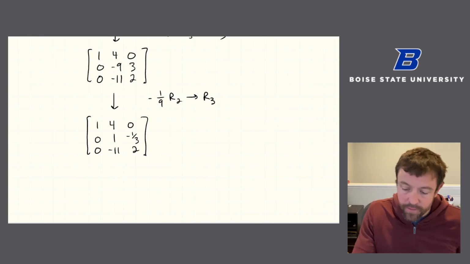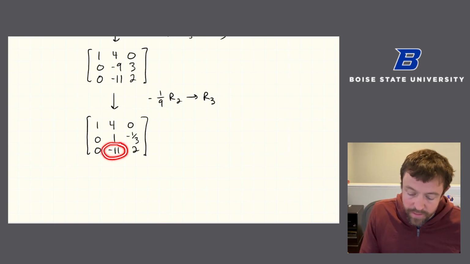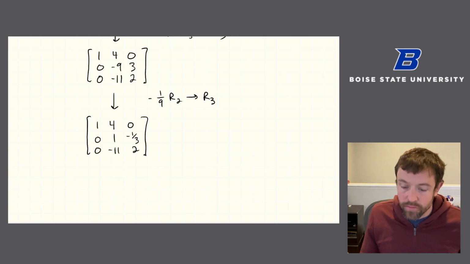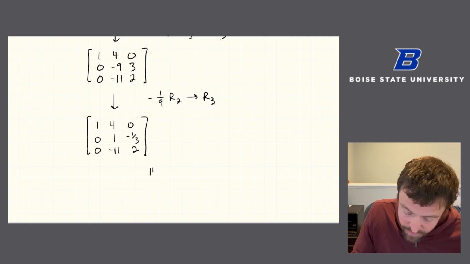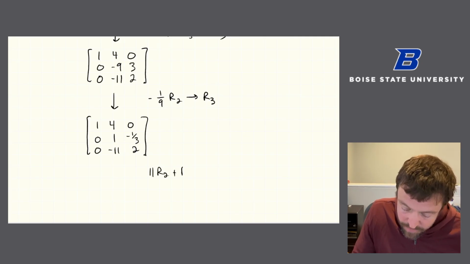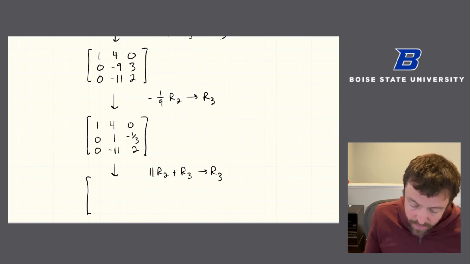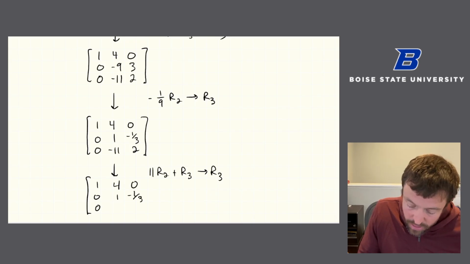And then finally, to get rid of this -11, I'm going to add 11 times row 2 to row 3. A bunch of things aren't changed.